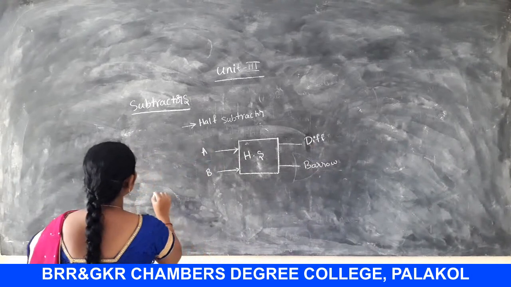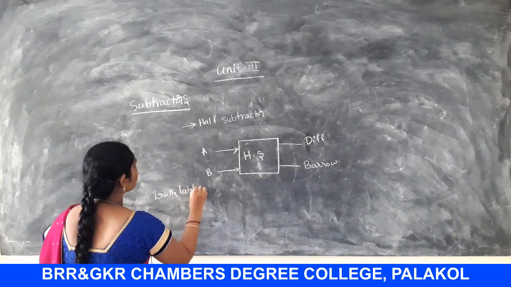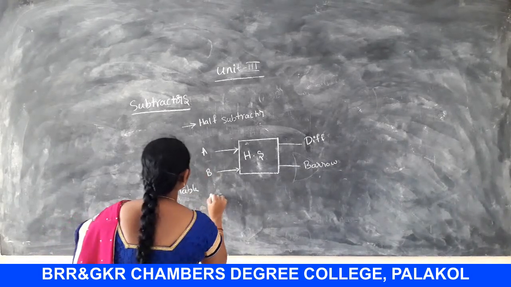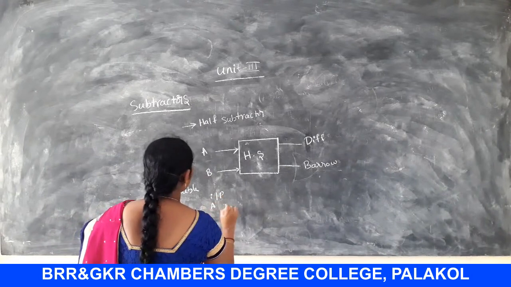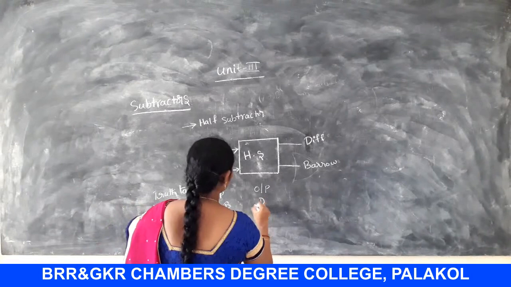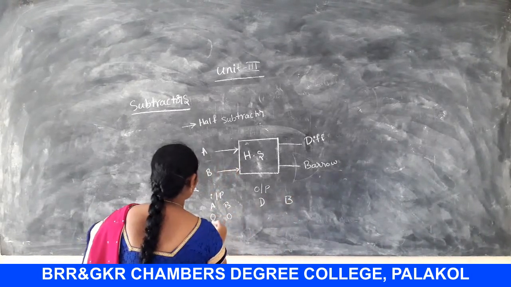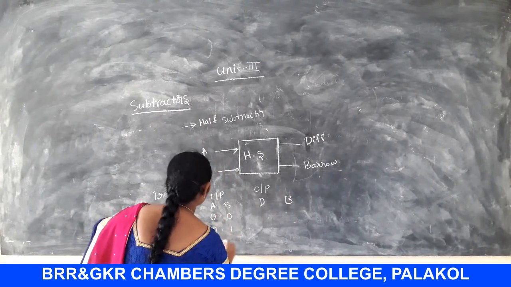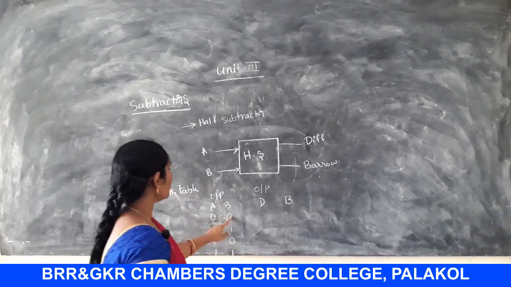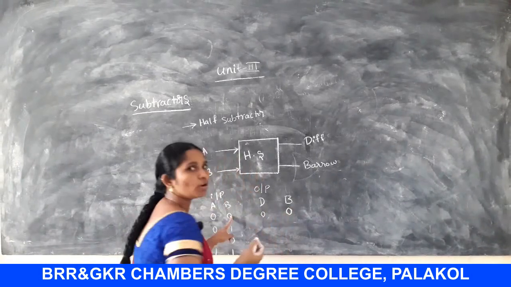Okay, difference and borrow. Now we will draw the truth table for this half subtractor. We consider two inputs. So those are A and B. So the outputs are difference and borrow here. 0 0, 0 1, 1 0, 1 1. Okay, so 0 minus 0 is 0 and borrow is also 0.